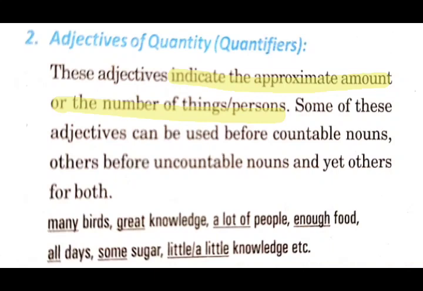These can be used before countable nouns and uncountable nouns as well, depending upon the sentence. For example, many birds, a lot of people, a little knowledge, some sugar. So these words are telling us about the quantity, that in what amount that thing is present. So these words are known as quantifiers or adjectives of quantity.